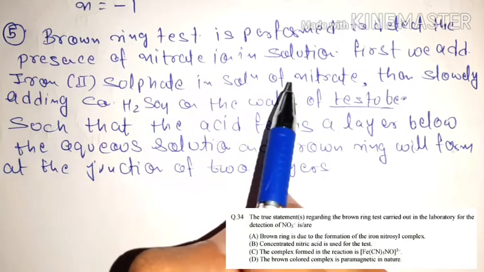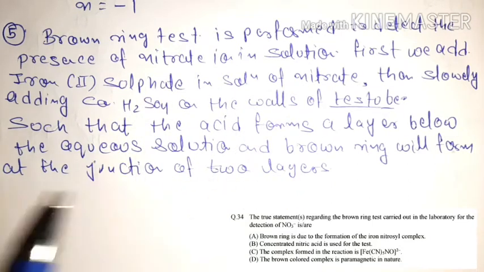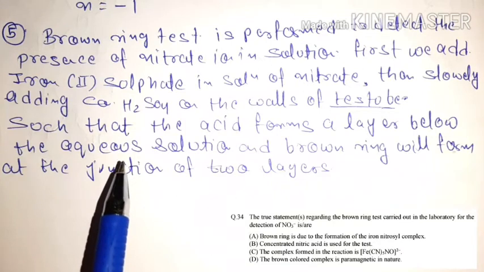This is the process which we do. This is our observation, a brown ring formation.